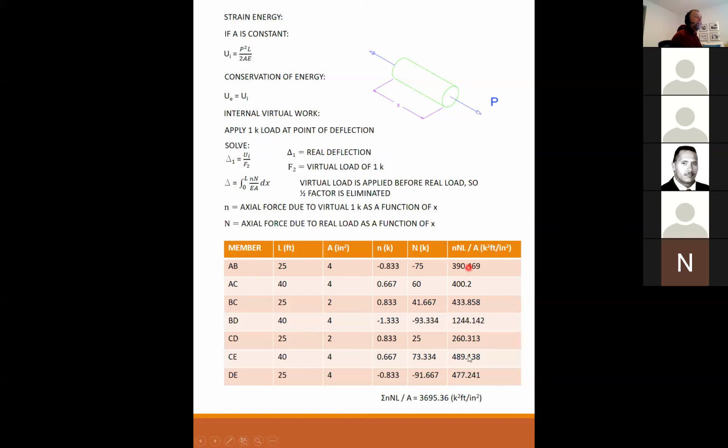So now we're adding all these together to get a total for the whole system of little n, big N, L over A, which is 3,695.36 kips squared feet over inches squared.